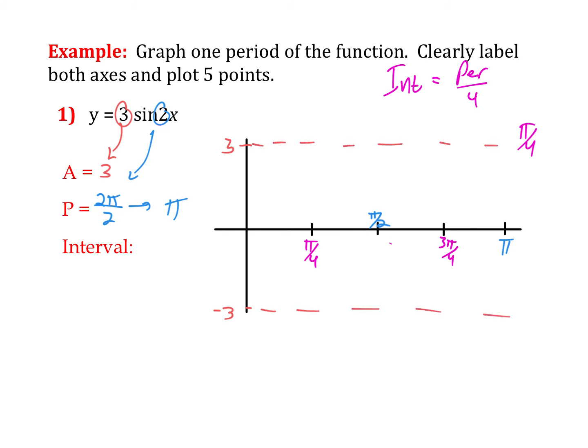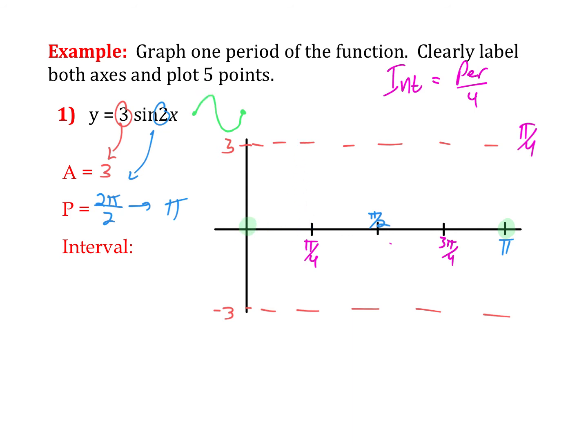and we'll get graphing. I've got a sine function. Well, the sine function starts at the midline, goes up to the top, down to the bottom, and then back to the midline. So I need to apply this shape to this setup. Well, if I start on the midline, I'll end on the midline. From there, I go up to the top.